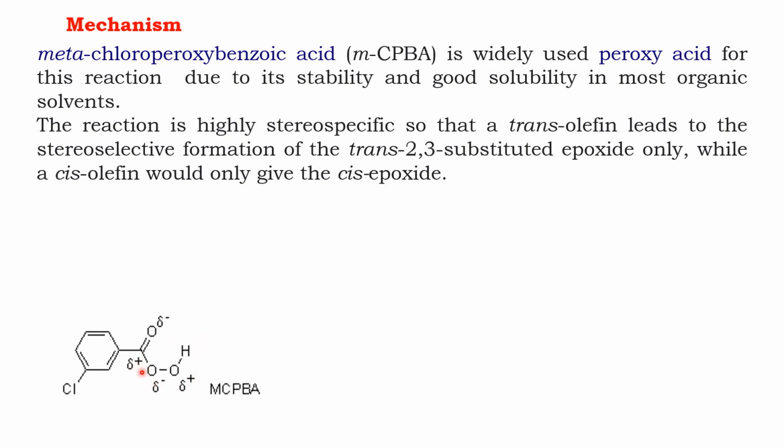What is peroxide? H2O2, that means HOOH. So, benzoic acid is C6H5COOH. In between O and H, there is another oxygen atom. It gives rise to peroxybenzoic acid. So, here we are using meta-chloroperoxybenzoic acid.